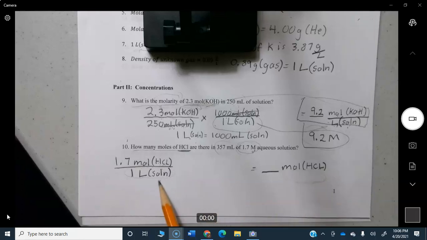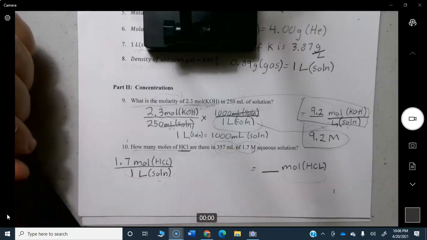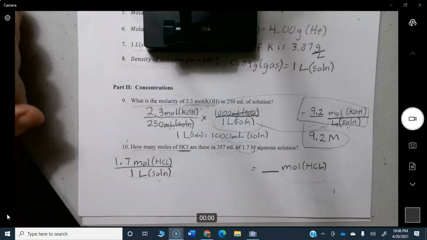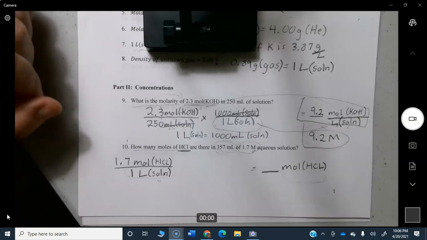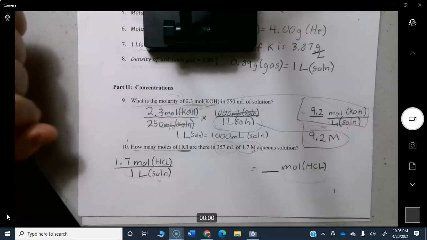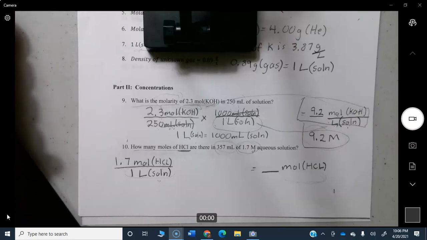So this has to disappear. Okay, well, we only have one number to work with to make this disappear, and that's the 357 milliliters. So sometimes these problems are quite honestly just like little puzzles where you're trying to figure out how to play with the units to get them to cancel out right. And once you get the units to cancel out, then you know you have your numbers set up properly.